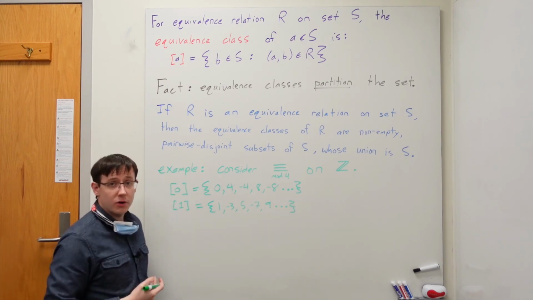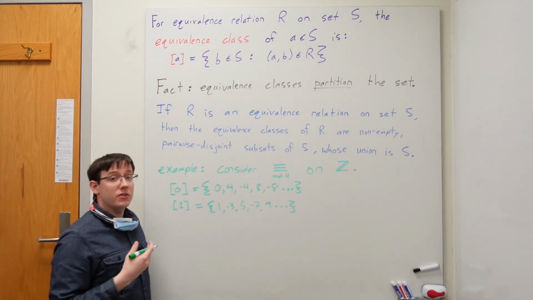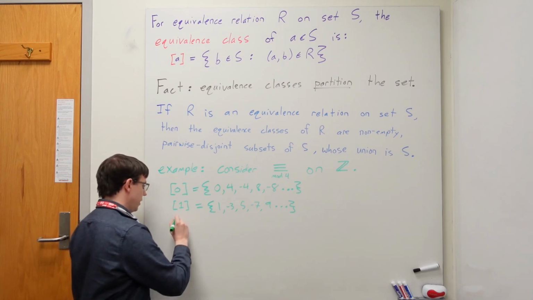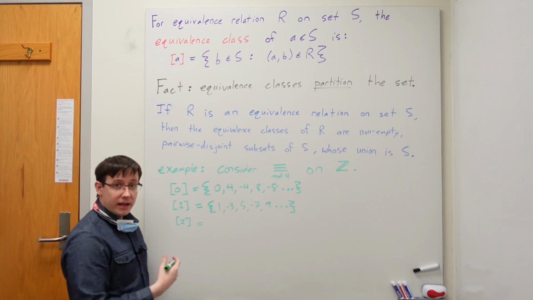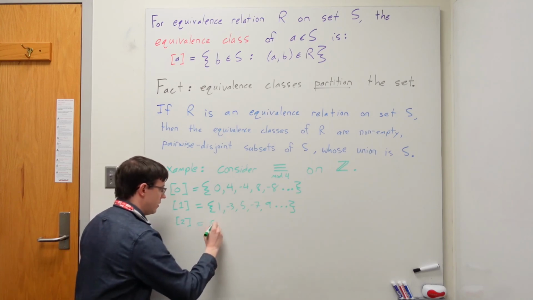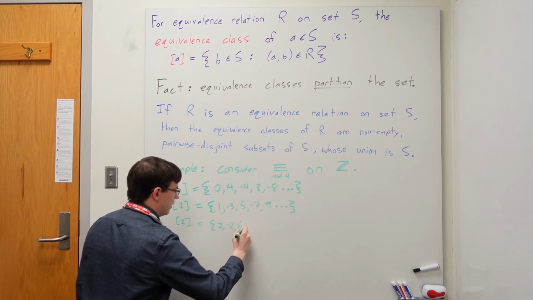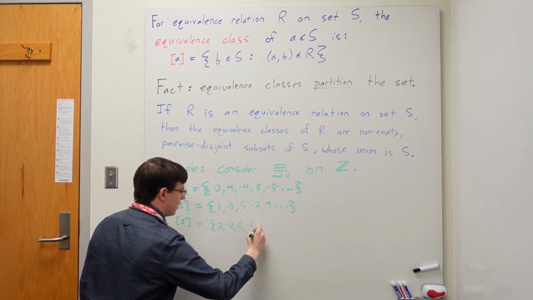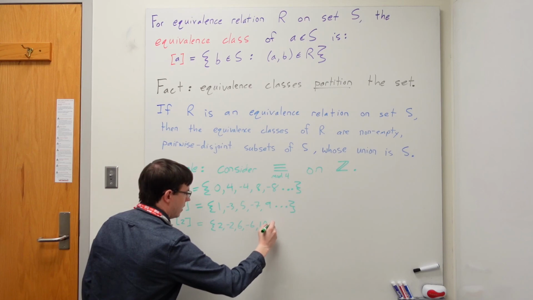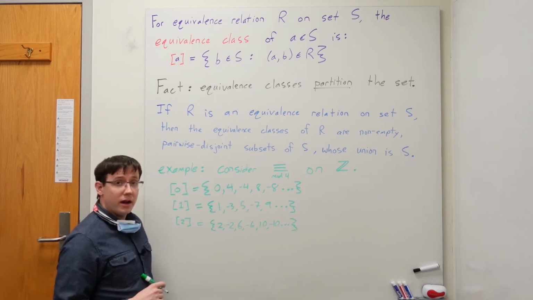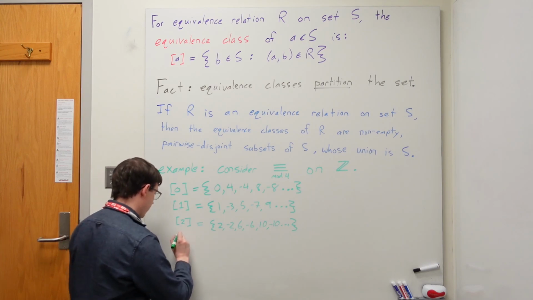We still haven't covered all of the integers, so let's pick something else that is not yet in one of these equivalence classes. We'll pick 2. And its equivalence class is the set containing 2, -2, 6, -6, 10, -10, and so on. And finally, we have the equivalence class for 3.